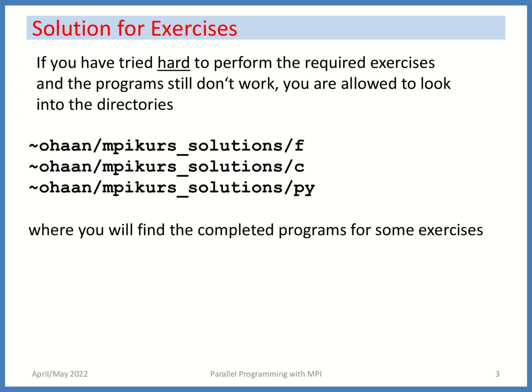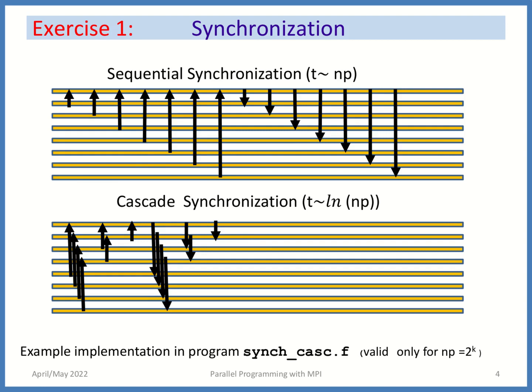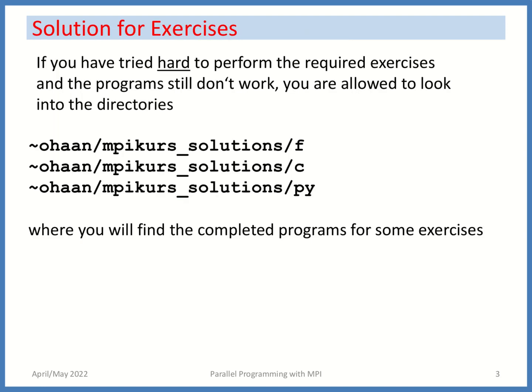And if you don't succeed, or if it's too long, you can look up the solution in this directory, MPI course_solution for the different languages. So I will give you 5 minutes to complete this task. At 9:15, I will continue.